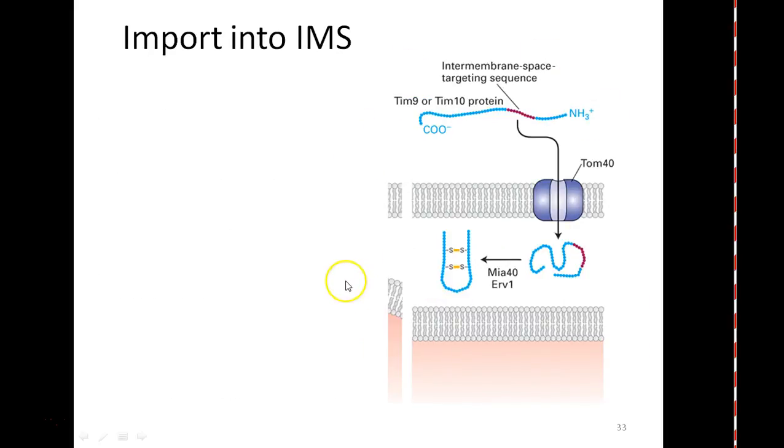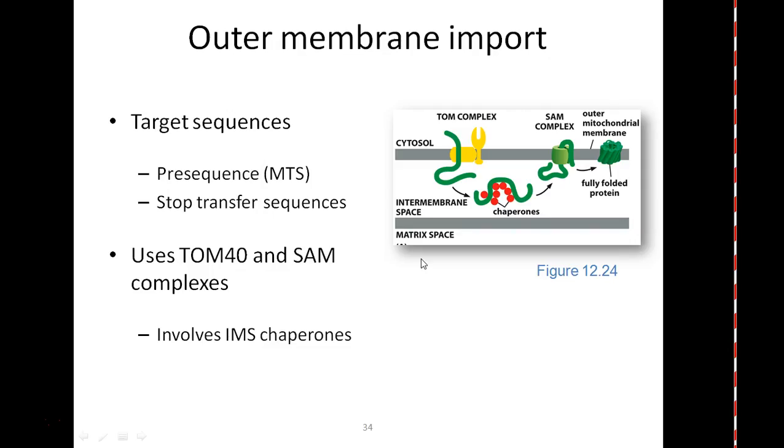So here's another example, but I don't think we have to really talk too much about that. It's very simple and straightforward. And finally, the most accessible compartment is the outer membrane, and this figure outlines the process.